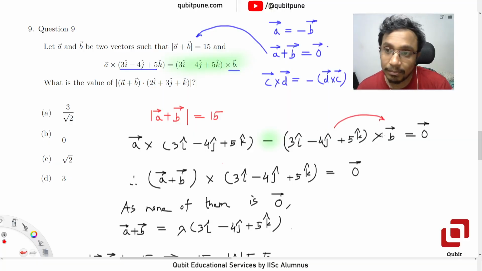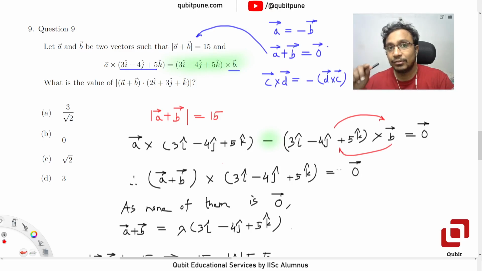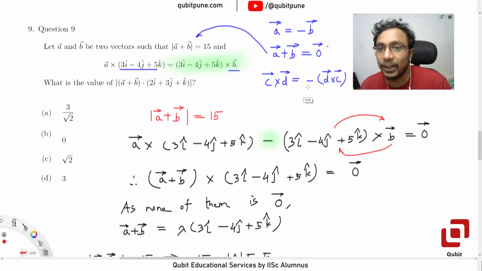So I wrote b bar as my first vector and I wrote that ijk vector as my second vector. Because I interchanged the positions, one negative sign popped up. This negative sign and this negative sign nullified the effect of each other and we basically got plus b bar cross this. And now I know the distributive property of cross product.